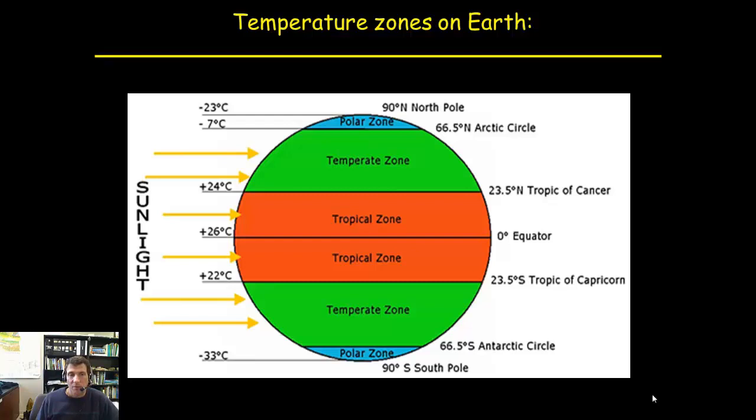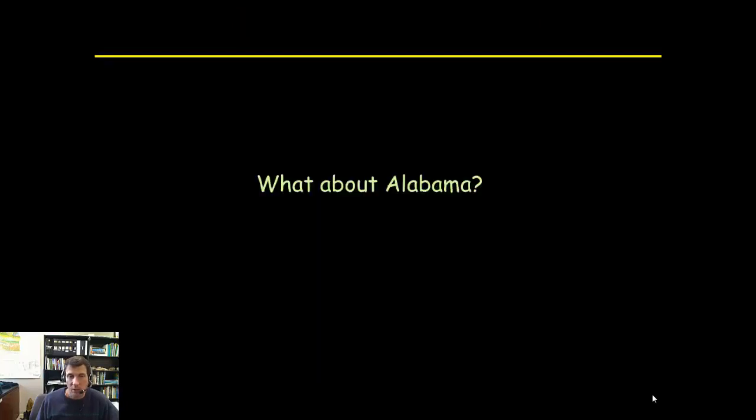And all of this is driven by those patterns that we saw before about the incoming solar radiation and its distribution across the planet. Okay, these temperature zones, with the differences between them, lead to differences in air circulation patterns across the planet, and that's what we're going to look at in just a few minutes.